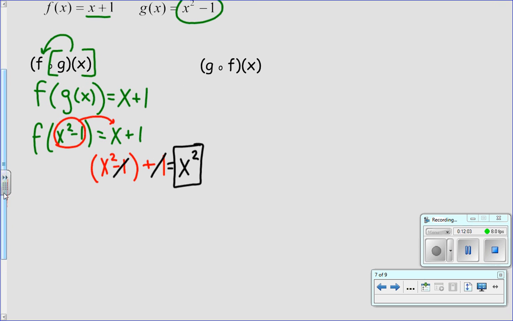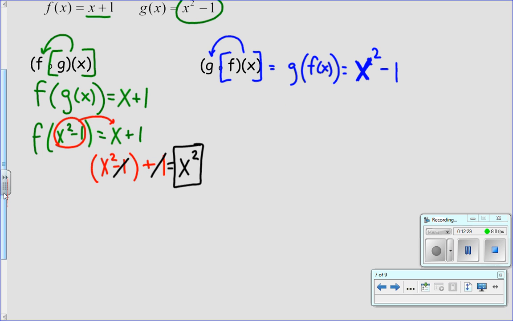Now, what about g of f of x? Now we're flipping it. So now we're taking f of x and putting that into g of x. So, that's like saying g of f of x. And our g of x function is x squared minus 1.